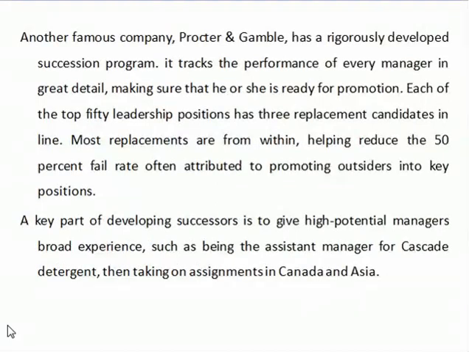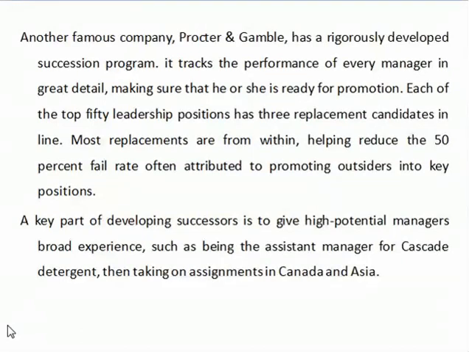Another famous example we have is Campbell. People do it very rigorously. They develop a succession program, so they track the performance of every manager in great detail. They make sure that anybody is ready for promotion.